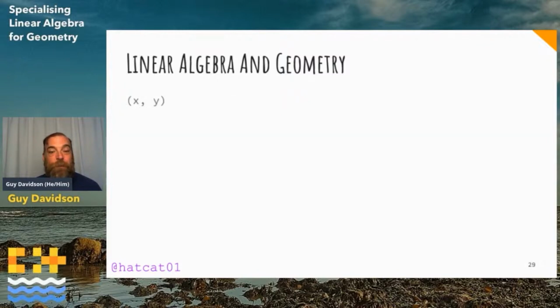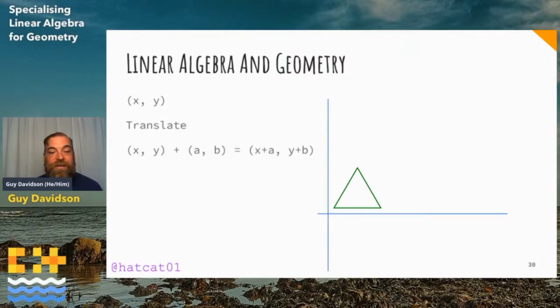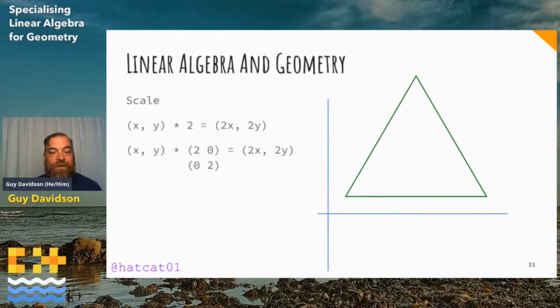Now, representing a coordinate pair as a vector like this, x, y, we can translate, scale, shear, reflect, and rotate this vector. So translation takes place by adding the translation to the coordinate pair like this. Scaling works like this, either by a scalar multiplication, or we can achieve the same effect with a matrix multiplication.